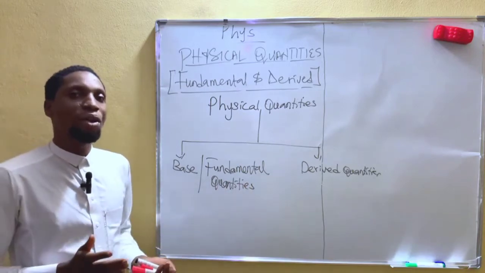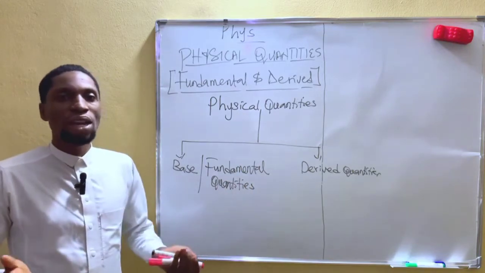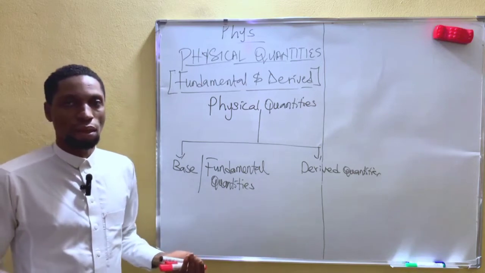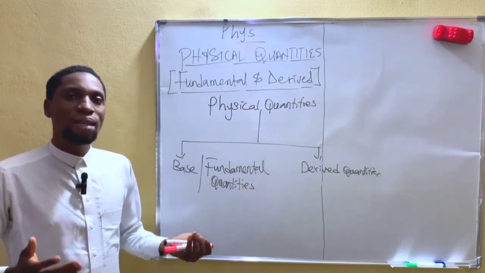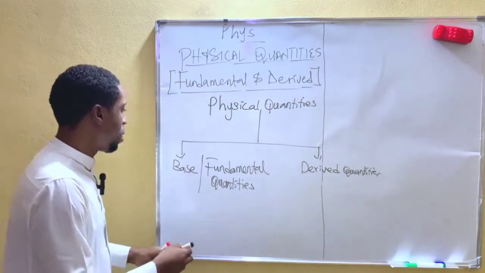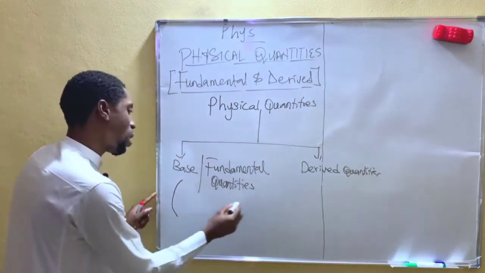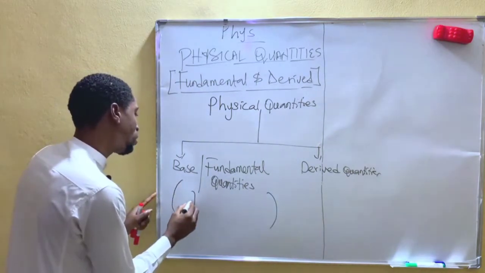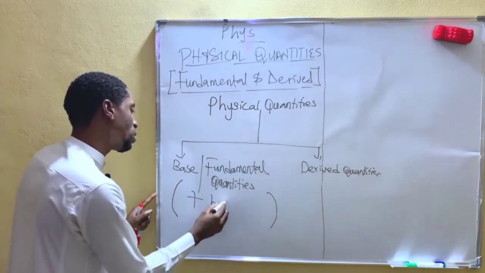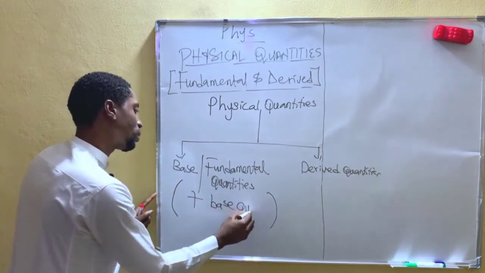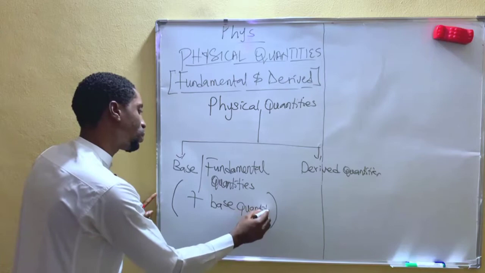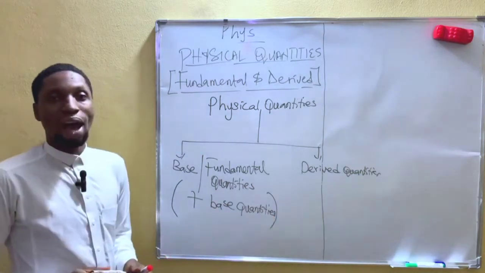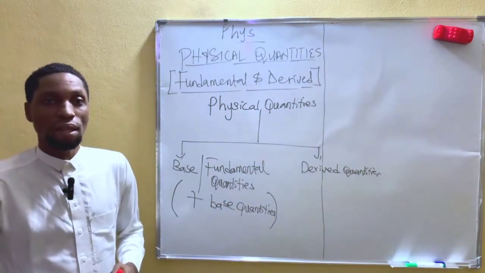In other words, they cannot be expressed in terms of any other quantities in physics. We have about 7 base quantities in physics.